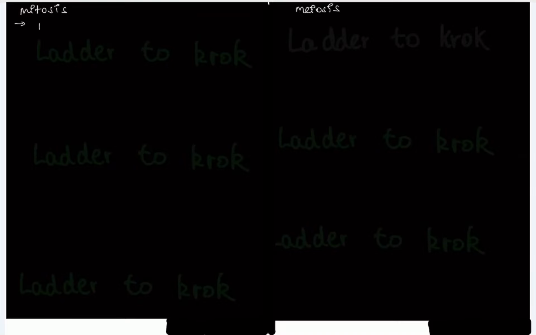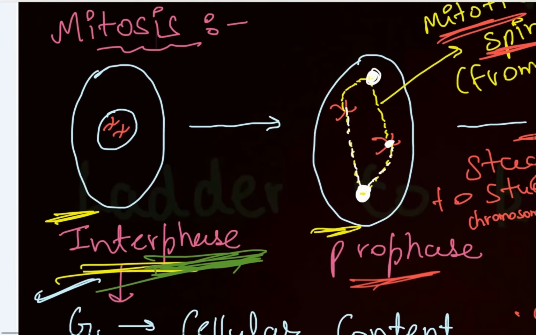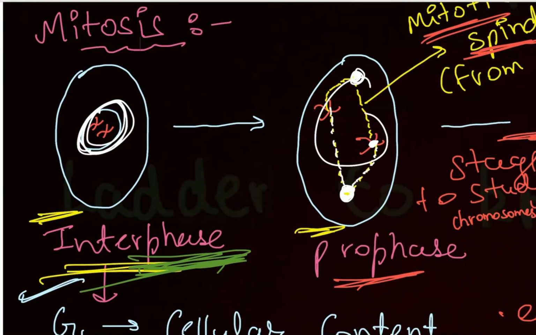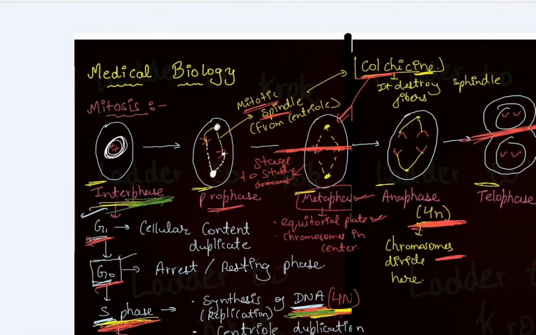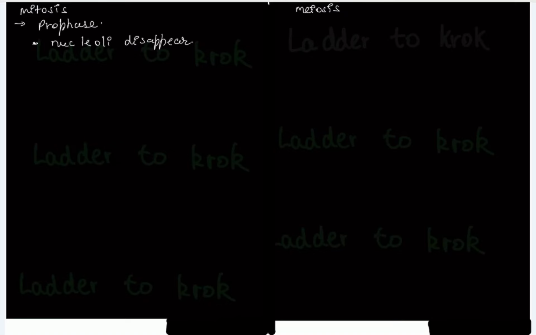Now in mitosis we have prophase. In this prophase, nucleoli disappear. What is this? The outer membrane of the nucleus. As you can see, here is this membrane, but here we have no membrane in prophase. So the nuclear membrane or nucleoli disappear in prophase.